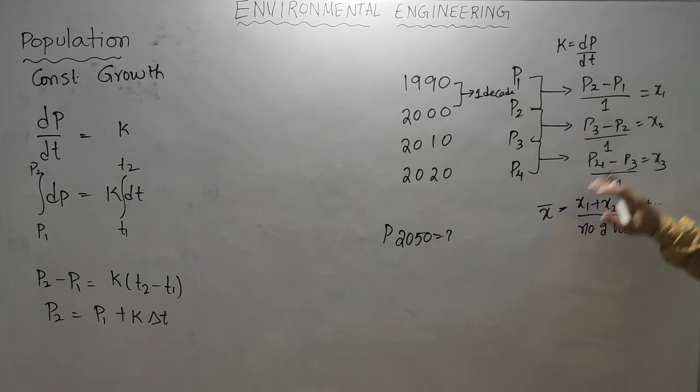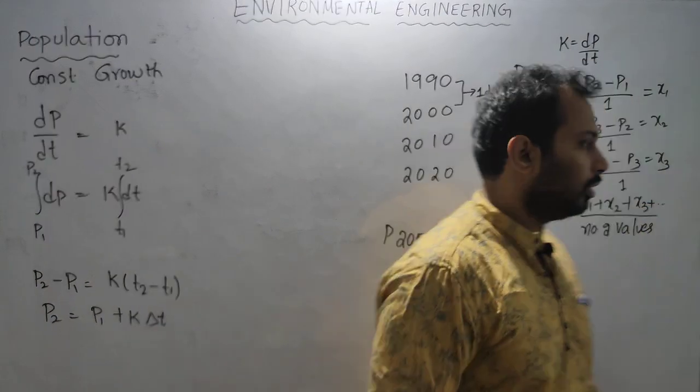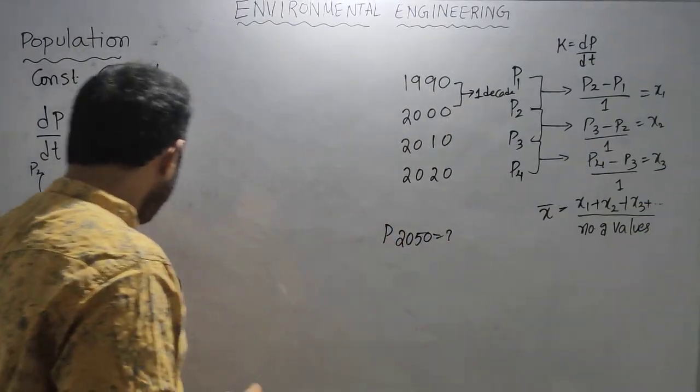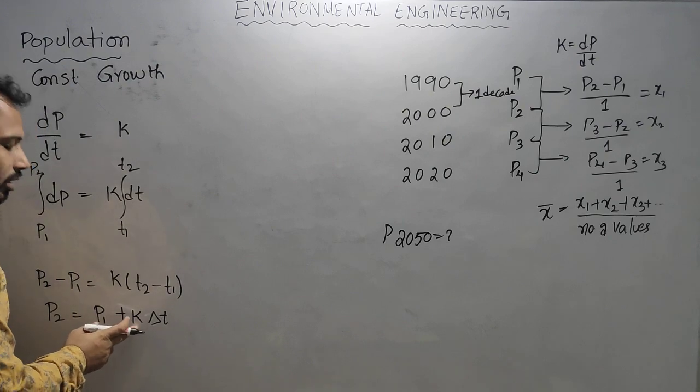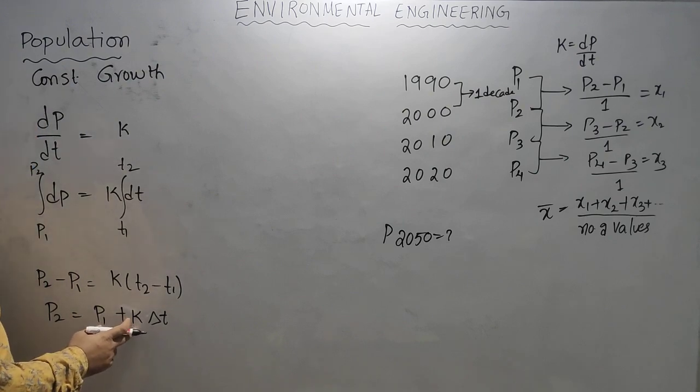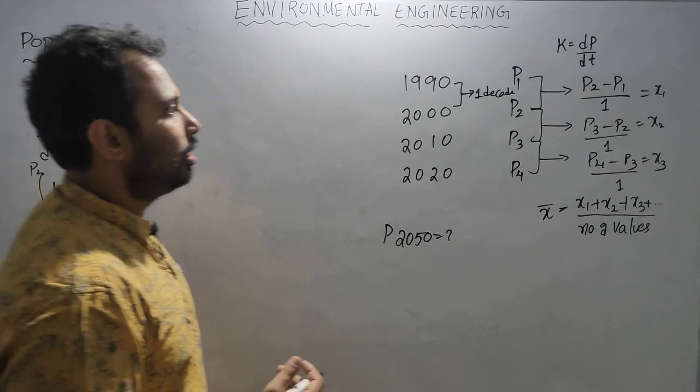Then x bar is the average value. Now here this x bar is per decade. It is not per year, it is per decade, because everywhere I am dividing it by decade. So what is delta T then? Delta T also should be in decade, because the unit of x1 is population per decade.